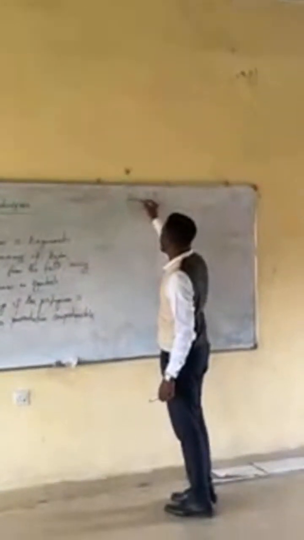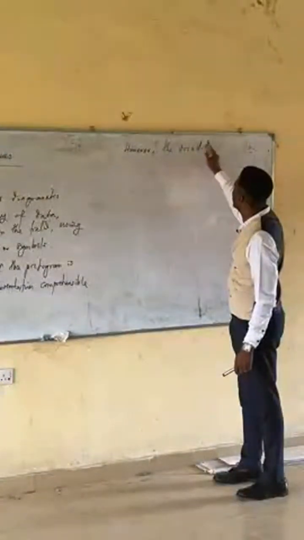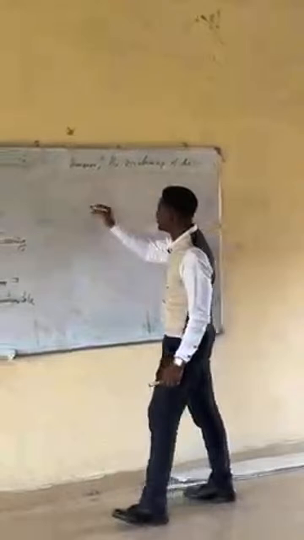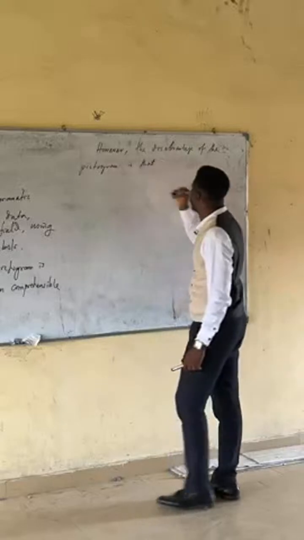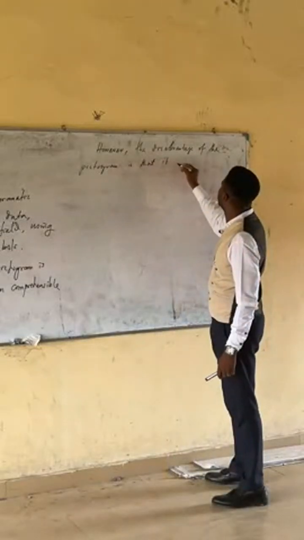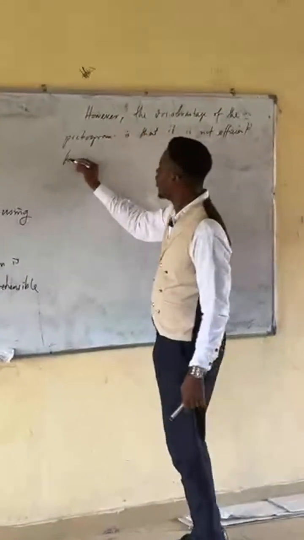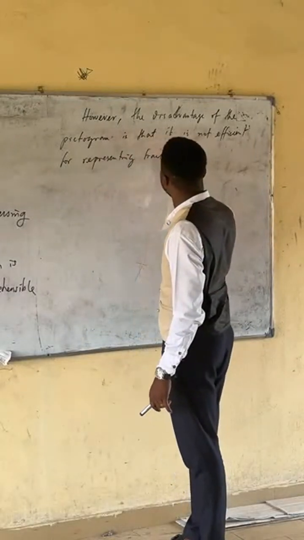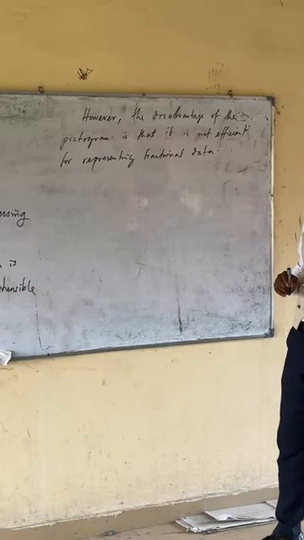Simplistic. However, there is a disadvantage. So we are going to put the disadvantage in the next paragraph. However, the disadvantage of the pictogram is that it is not efficient for representing fractional data. I'm going to explain all these things, okay? It's not efficient for representing fractional data.